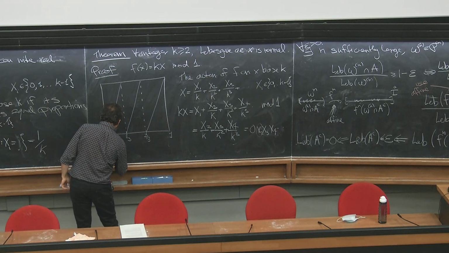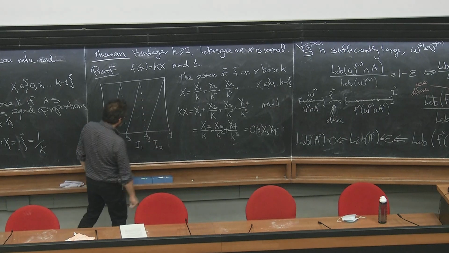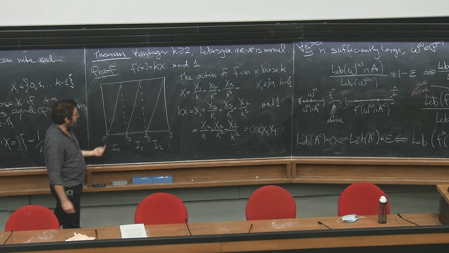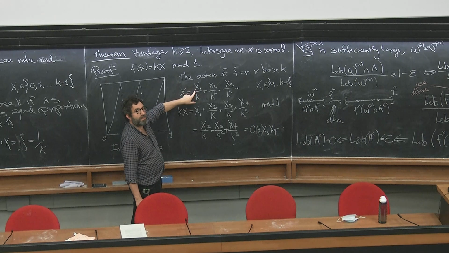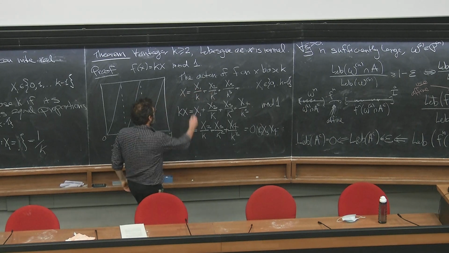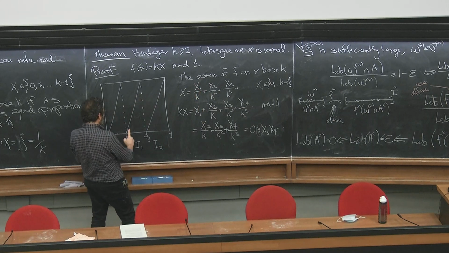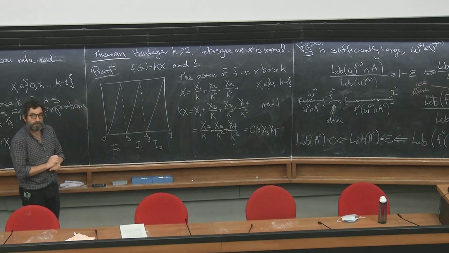So if these are intervals I0, I1, and I2, if you write something in base 3, and you look at the first digit here, x1 over 3, where x1 is 0 or 1 or 2, then this digit tells you exactly if you're in this interval or in this interval or in this interval. Is that clear?